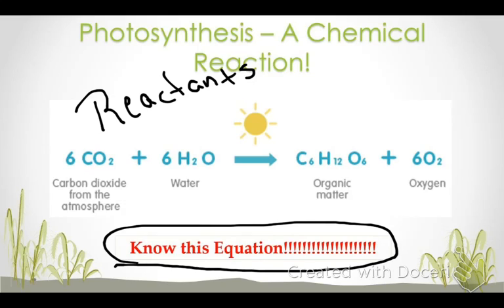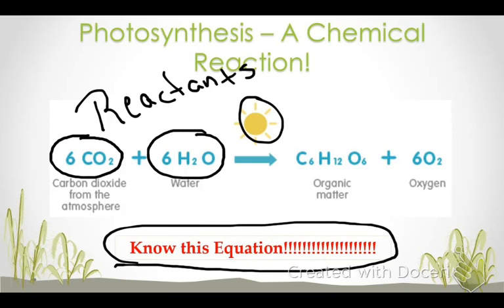So you can see here we have 6 carbon dioxides. This ought to kind of go back to where you guys were last year. You guys learned how to balance equations in physical science. We need 6 waters in order for that to occur. We also need light. There's our sun.